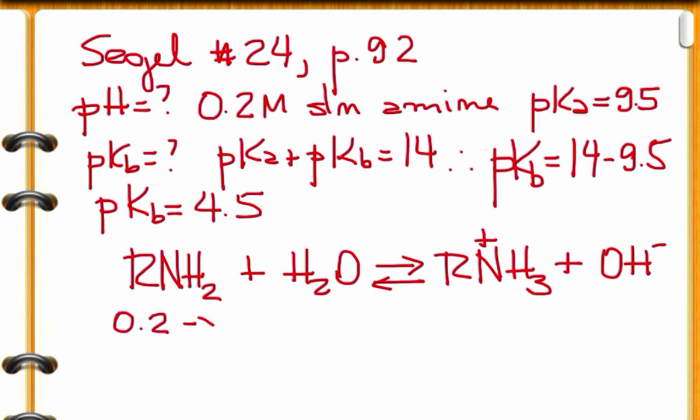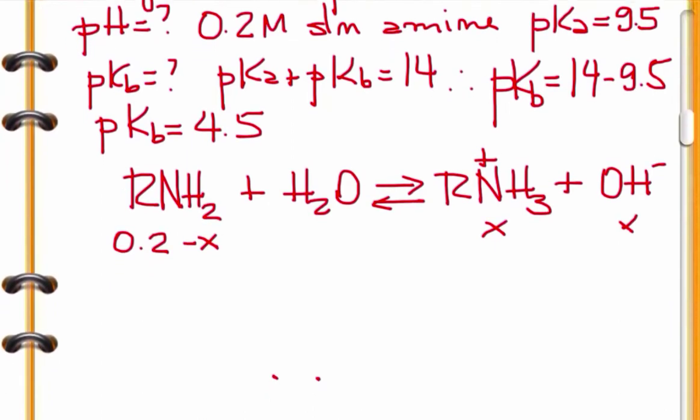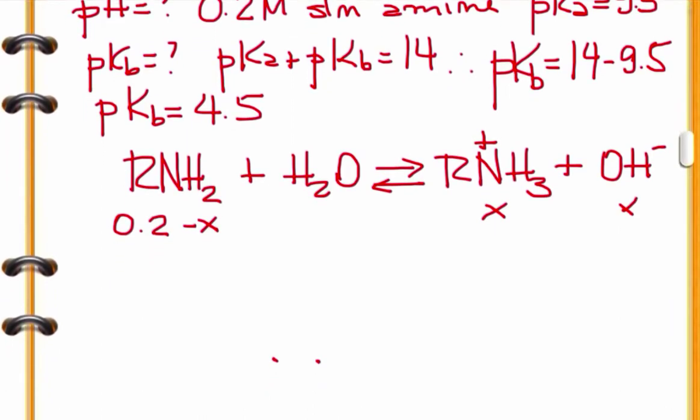So if you start with 0.2 molar, part of it, X, is going to dissociate, and it becomes X and X for the products, right? So we have the Kb, so you can calculate X.